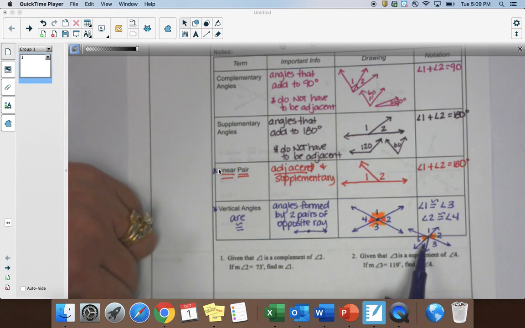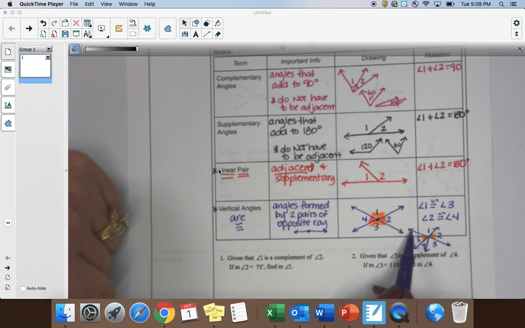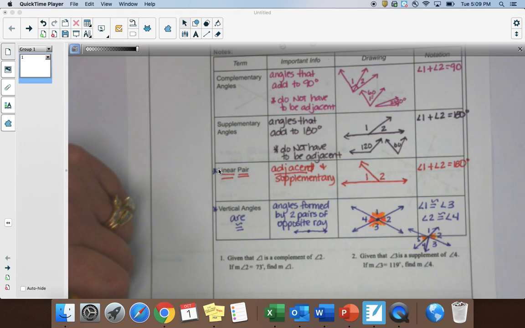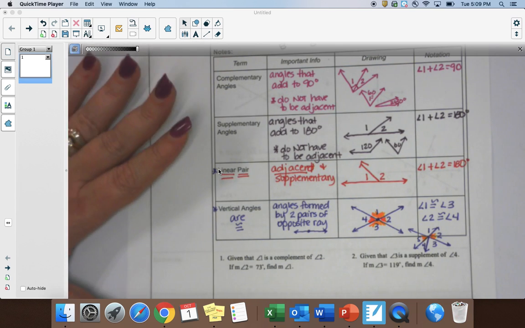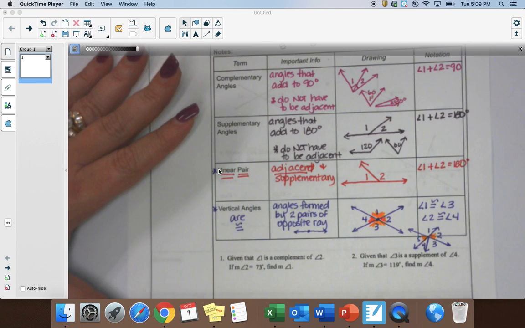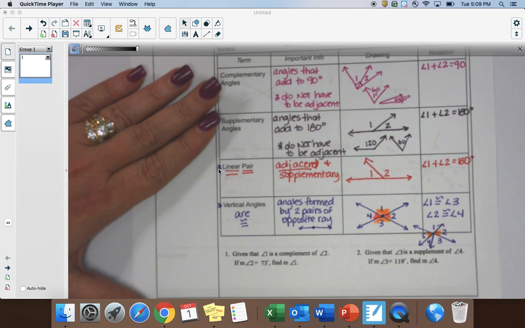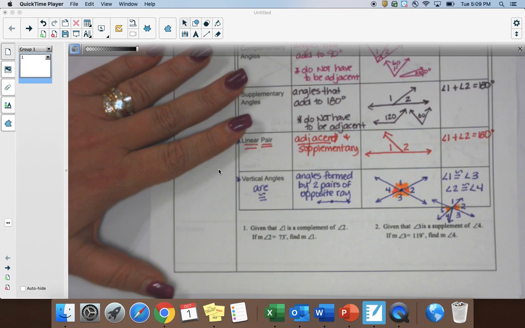But 1 and 4 are not vertical because they're not formed by two straight lines. This one kind of goes off and goes down. And then 1 and 3 are also not vertical. So you want to be careful of that. You want to look for those straight lines that form an X, or vertical angles form those opposite V's.